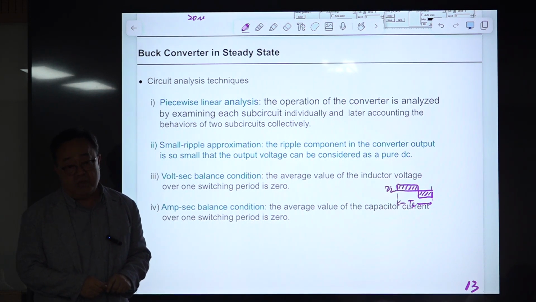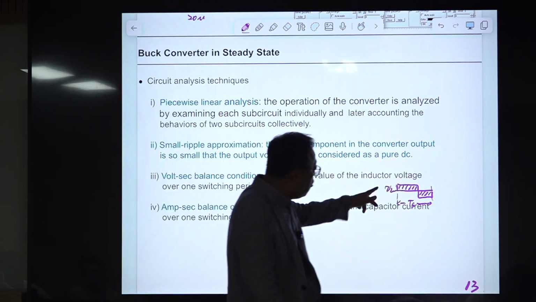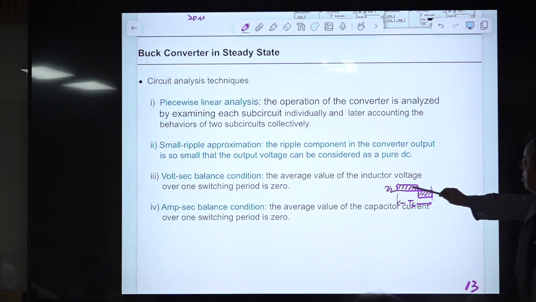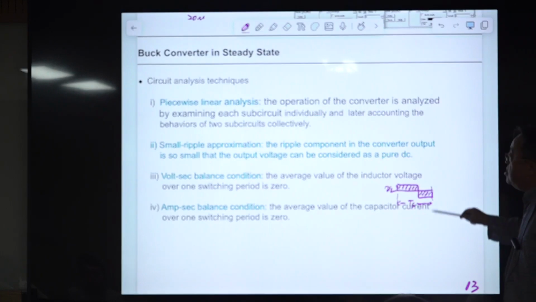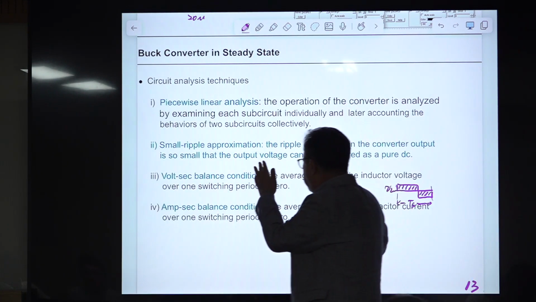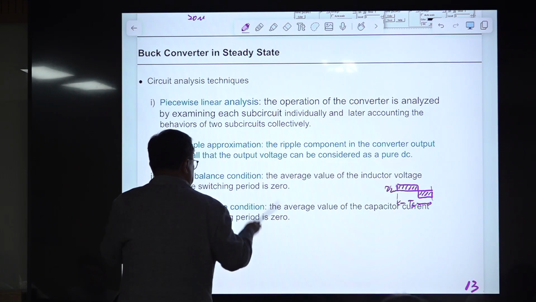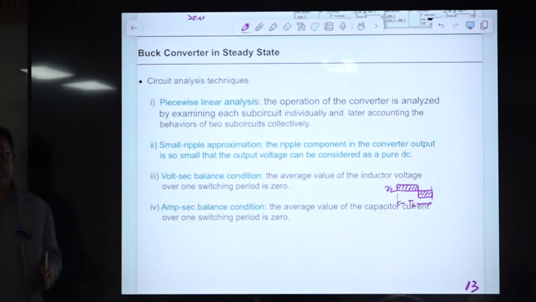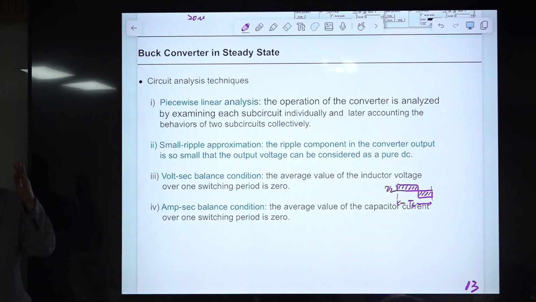So you can use this as a circuit theorem. If there is an inductor in your switching circuit, the average value of voltage is 0, meaning the area of this should be the same as this. In one switching period, they balance out to 0. Then integer multiples of the switching period should also be 0.